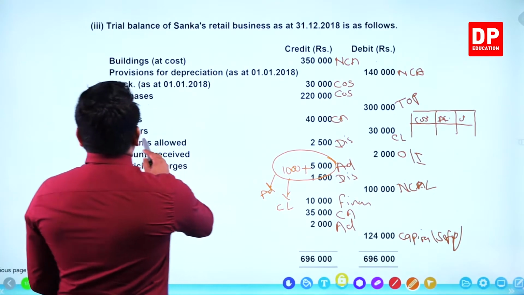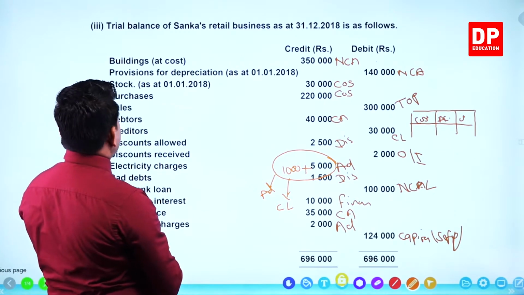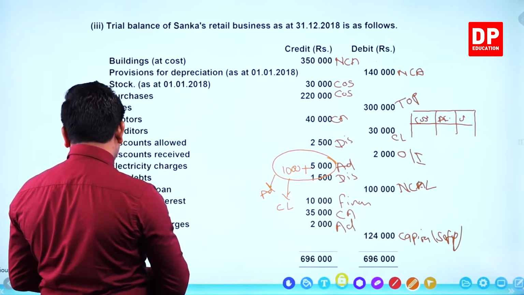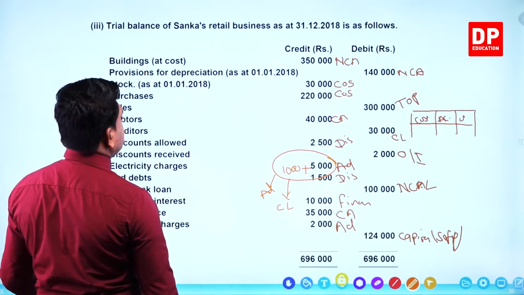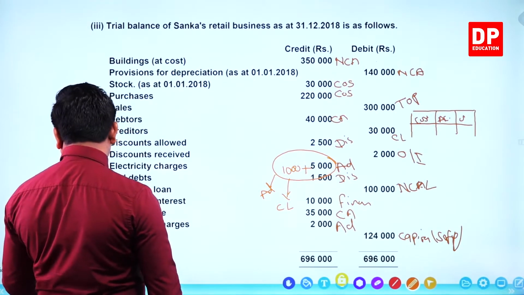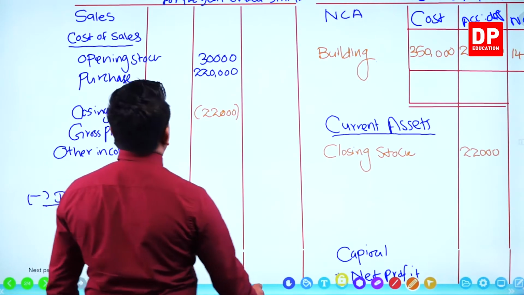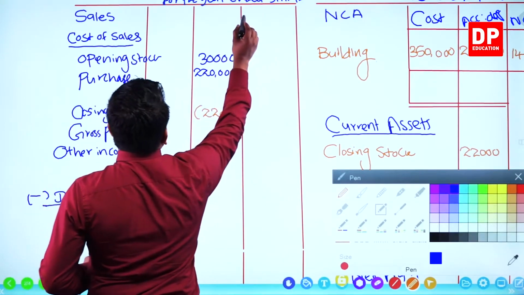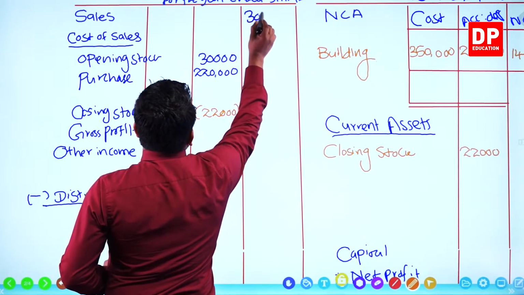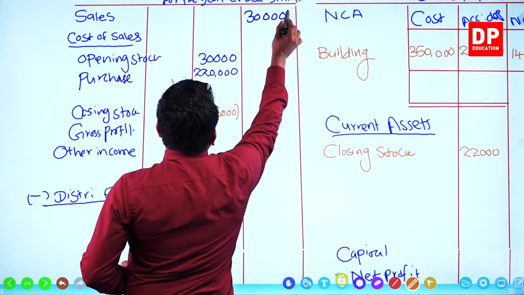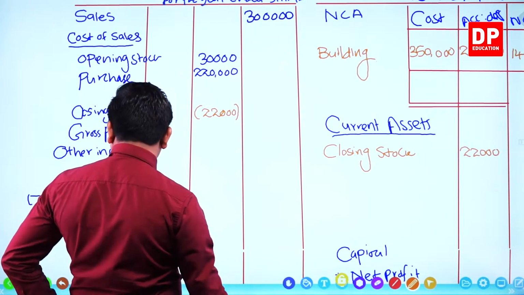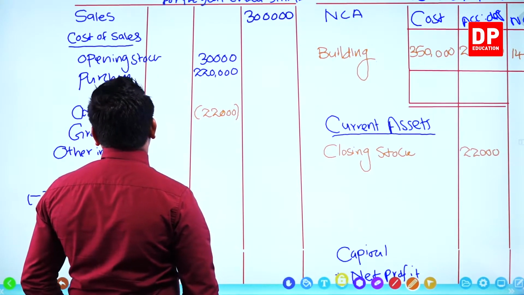Now, right. Sales 300,000, debtors 40,000. Sales 300,000. Creditors or debtors?